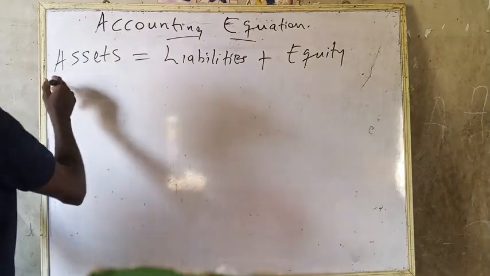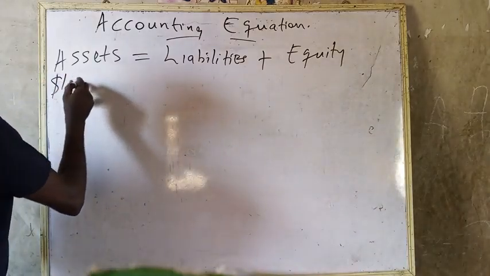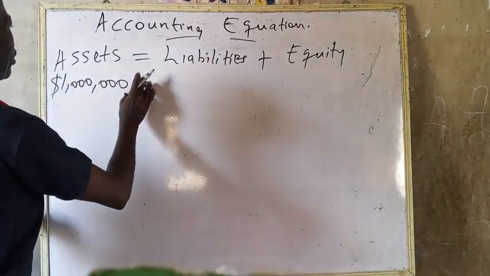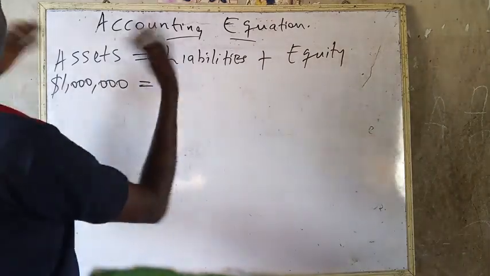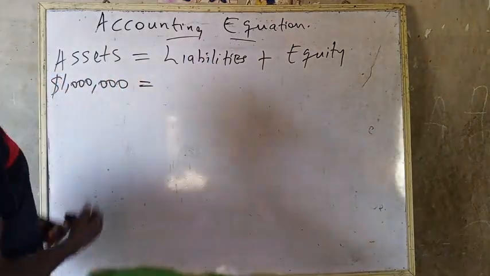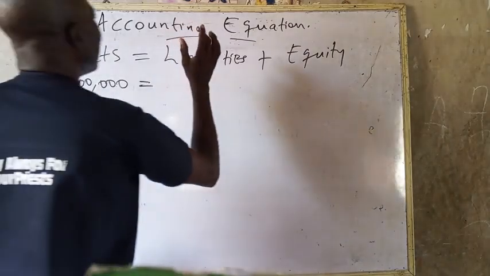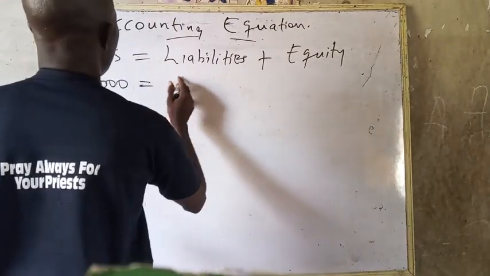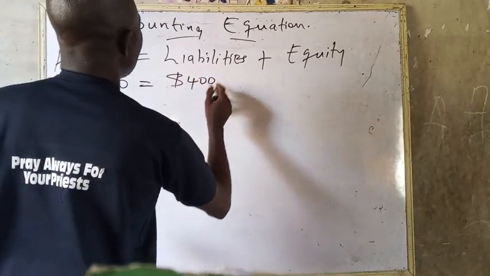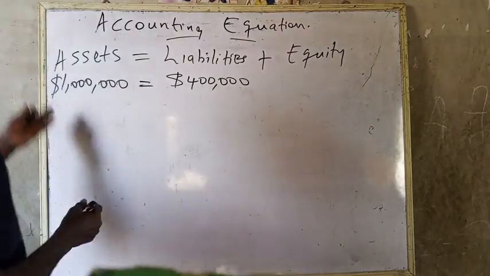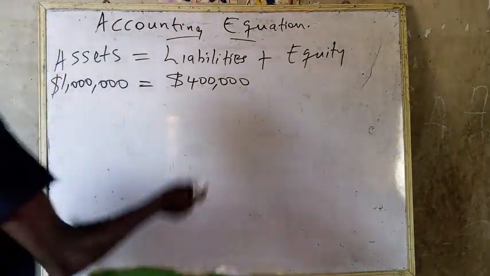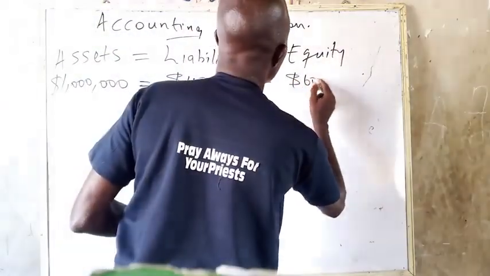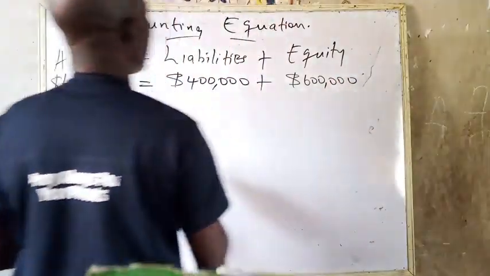For example, if the total value of the asset is $1 million, that's the total value of what? Of the asset. And the assets are what? Are the liability plus equity. So, assuming our liability is $400,000 and the asset is $1 million, that means the balance is going to be equity, which is $600,000.